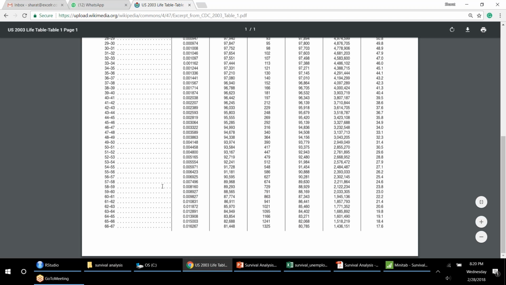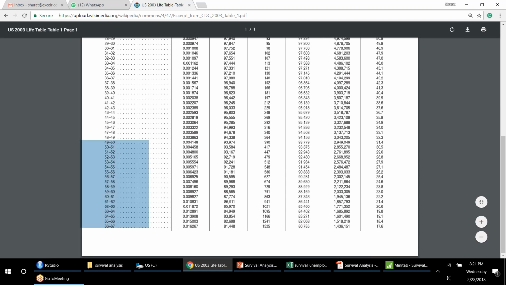Using this, you can also look into insurance policies. Insurance firms look at this. They decide the premium based on the survival rate between these age groups, and based on that, they fix the premium.